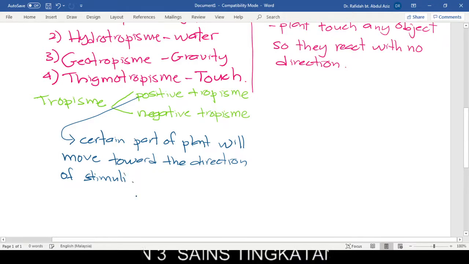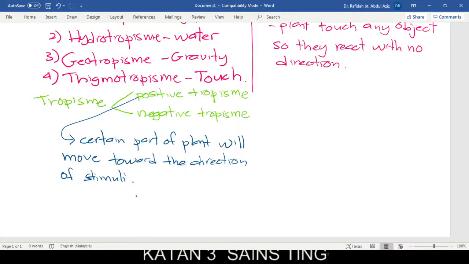So when plant detects any stimuli from a certain direction, a certain part of plant will move towards the direction of the stimuli. So we call it positive tropism.